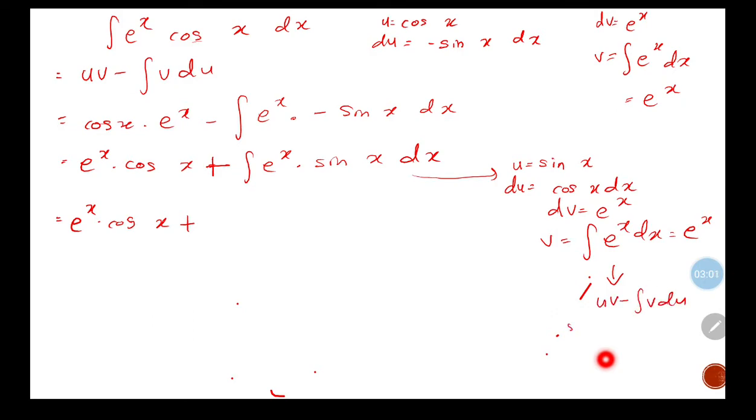So u is sin x times e^x minus v du, which is e^x, and du is cos x dx. Will this ever end? I don't know. Okay, I'm going to write it back here. e^x cos x dx. Okay, so now we have this.